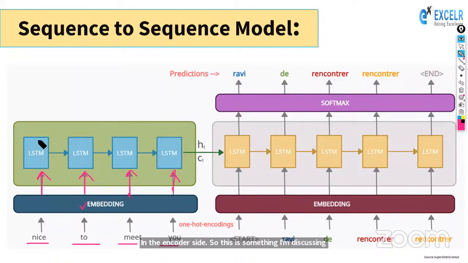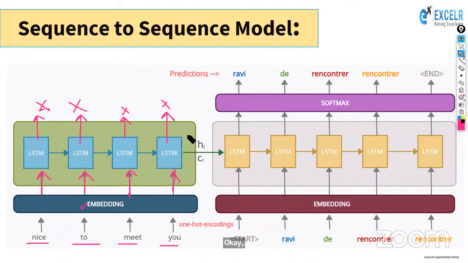And whatever outputs the LSTM cells generate, we discard these outputs in the case of the encoder part. In the case of an encoder, we discard all of these outputs, right? And obviously there is some end of sentence token there. We only take forward the cell state and hidden state output from the last LSTM block.